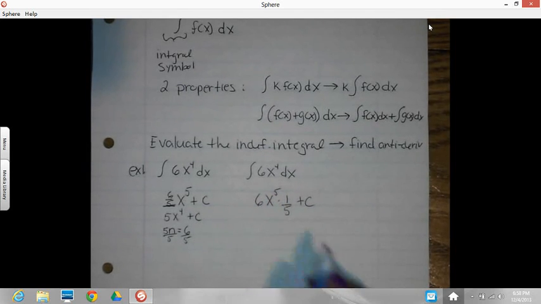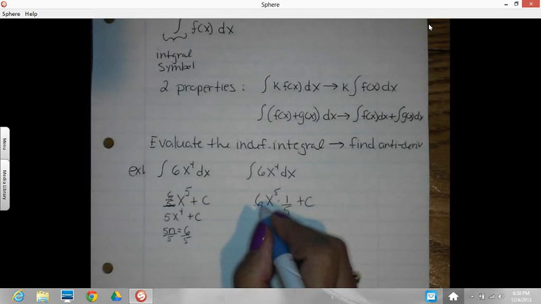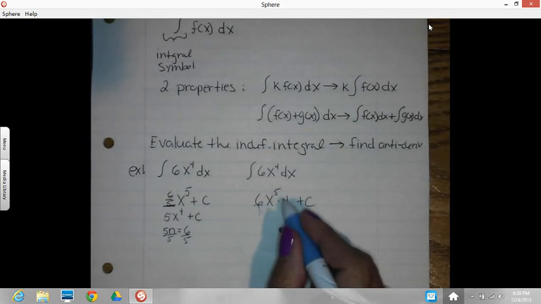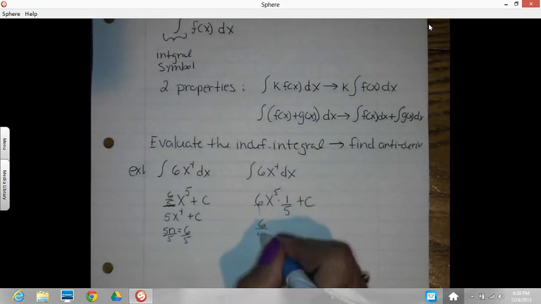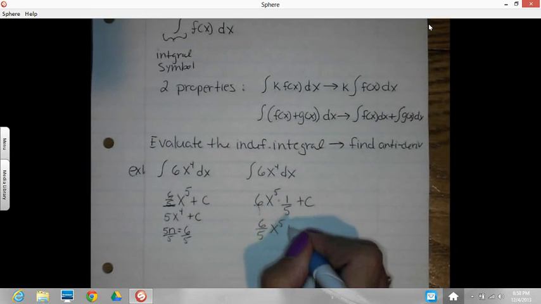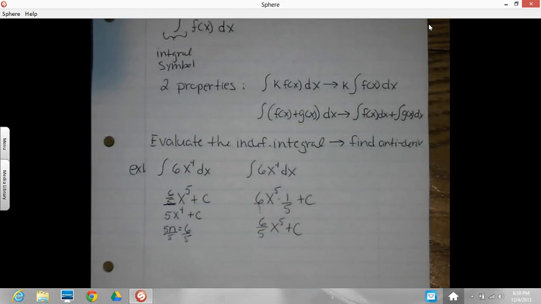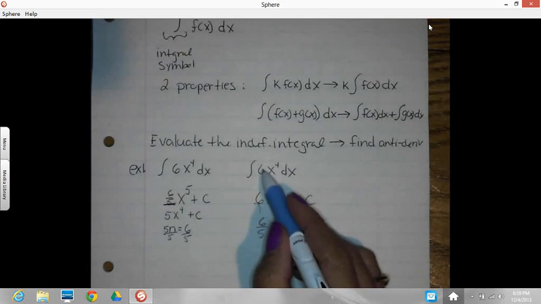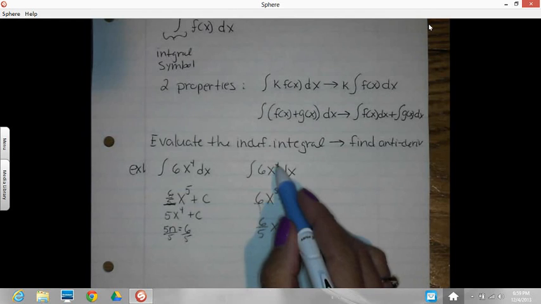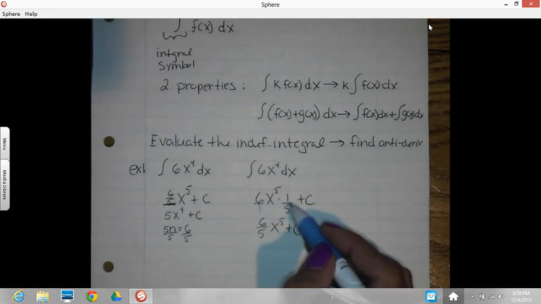And then what happens is my 6, which can be thought of as 6 over 1, multiplied by the 1/5, gives me 6/5 x to the 5th plus c. To me, that's a lot easier just to follow the rule. So constants carry along, add 1 to the exponent, multiply by its reciprocal. Okay, practice.